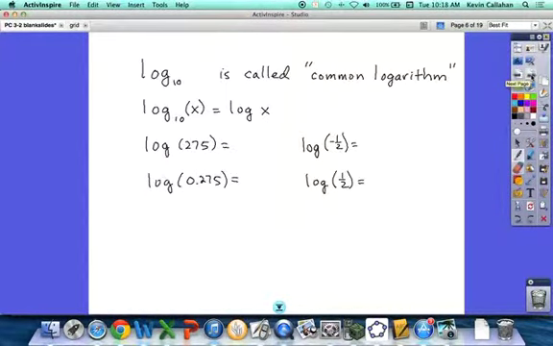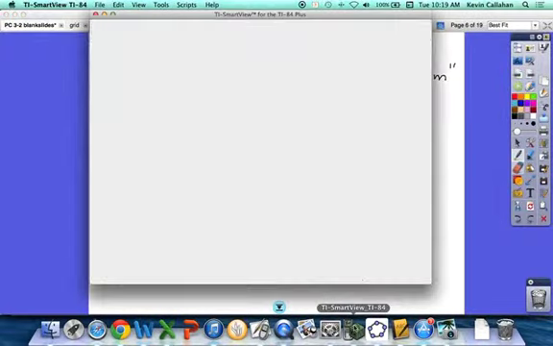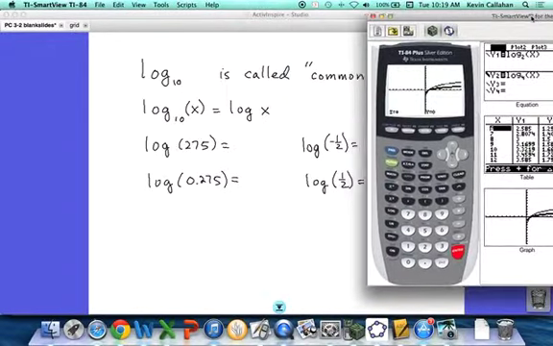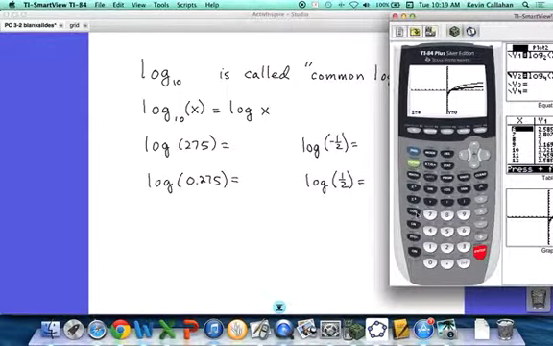Okay, so the log base 10 is called the common logarithm, and if you don't see a base written, it means log base 10. So on your calculator, if you look on the keypad, there is log, L-O-G, and it does not say the base. So that means it's log base 10.